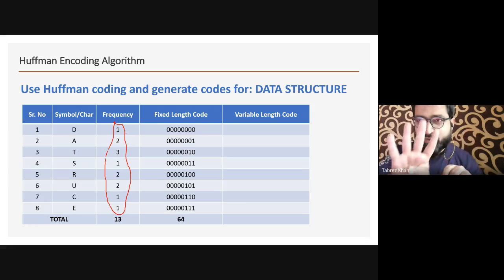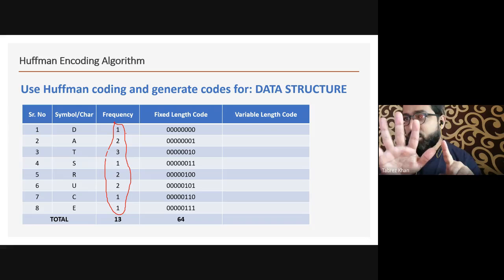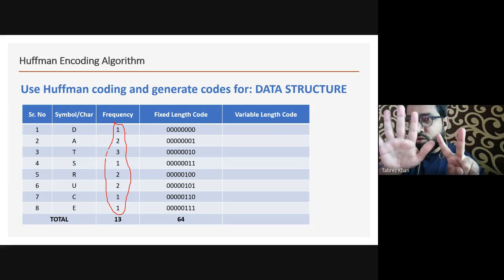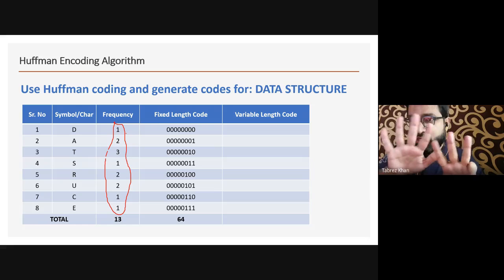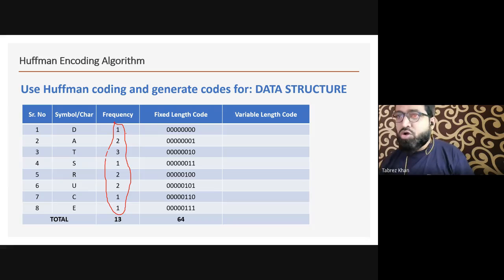The first 4 frequencies are 1, 1, 1, 1, and then you have 2, 2, 2, and then finally you have 3. So total 8 characters, and these are the frequencies when we arrange them in the ascending order.